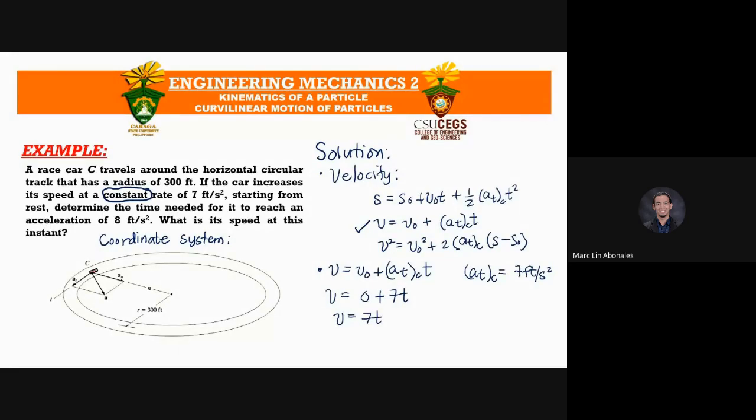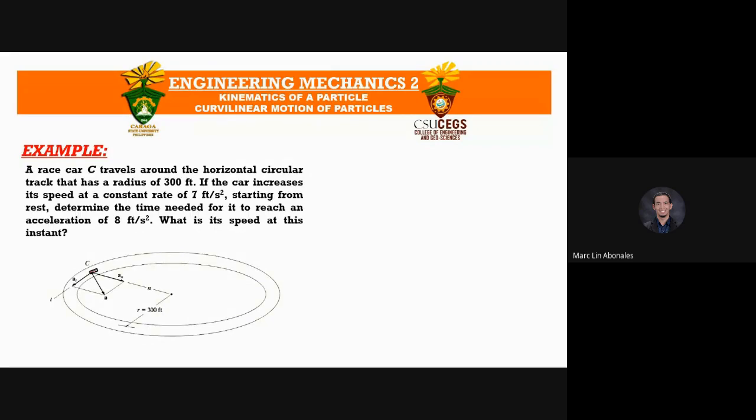Okay, so what we need to find is the time. We need to determine the time so that we can solve for the final velocity, whenever it reaches 8 feet per second squared. So we can solve for it later once we solve for the time.